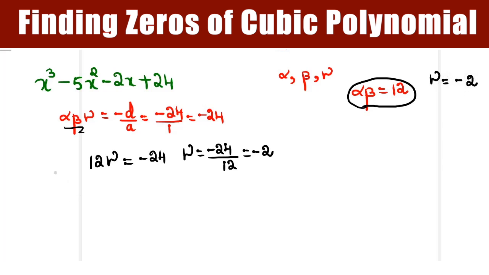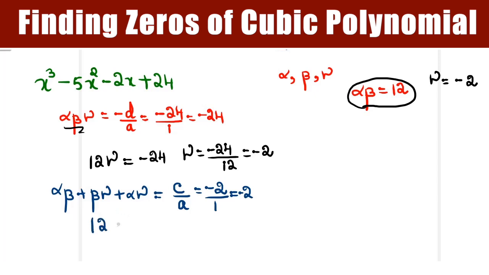Now, let us calculate the value of alpha beta plus beta gamma plus alpha gamma from the coefficients. We know that the sum of this is equal to c by a. In this case, it is minus 2 by 1, which is minus 2. Now, we know the value of alpha beta as 12, so I'm going to substitute this again.